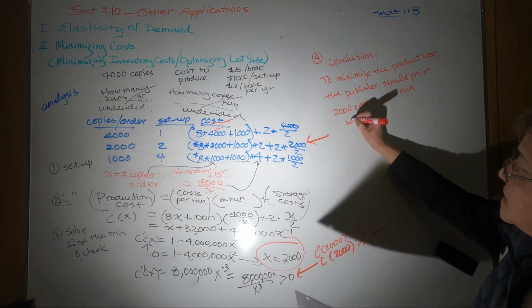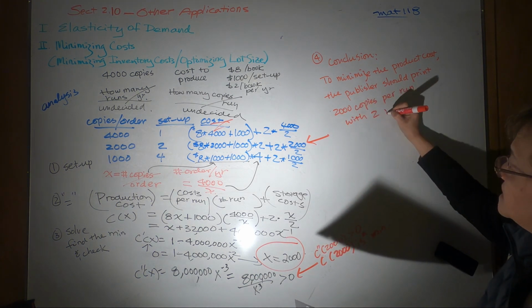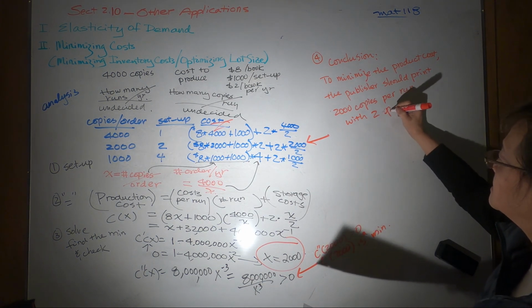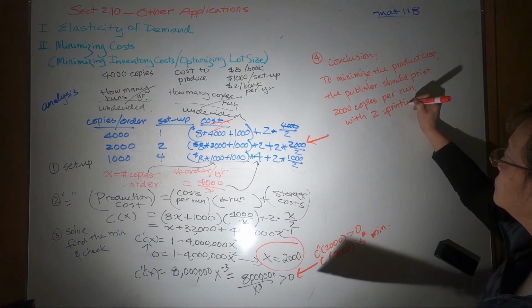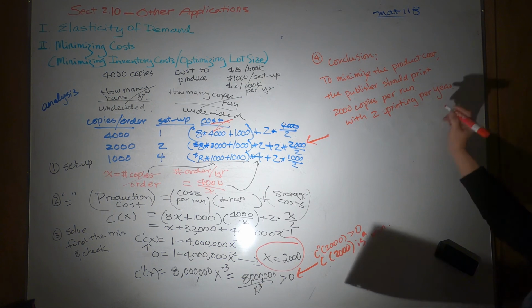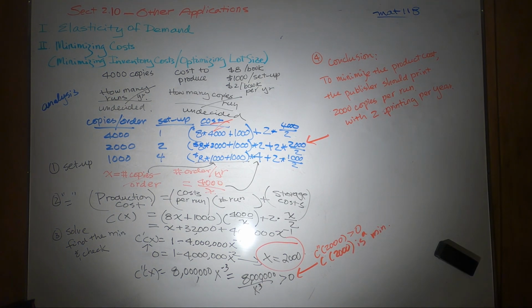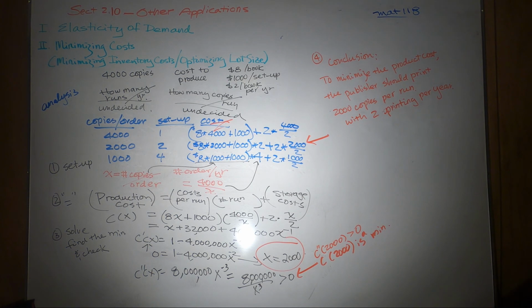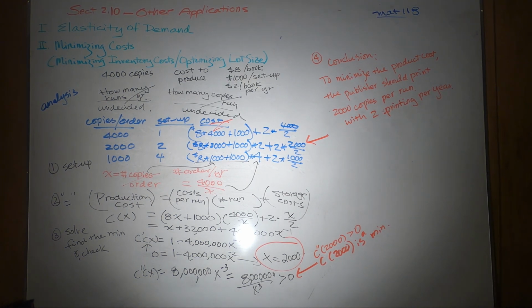And how many runs per year? 2 runs, 2 printings per year, either way. That will minimize the costs, right? Are we okay? Understandable?